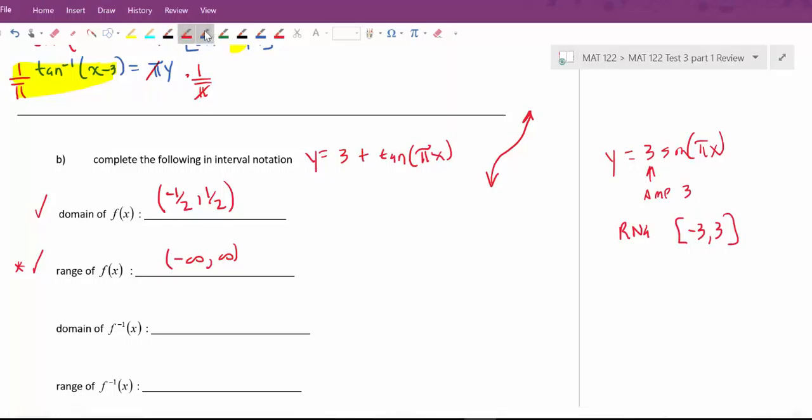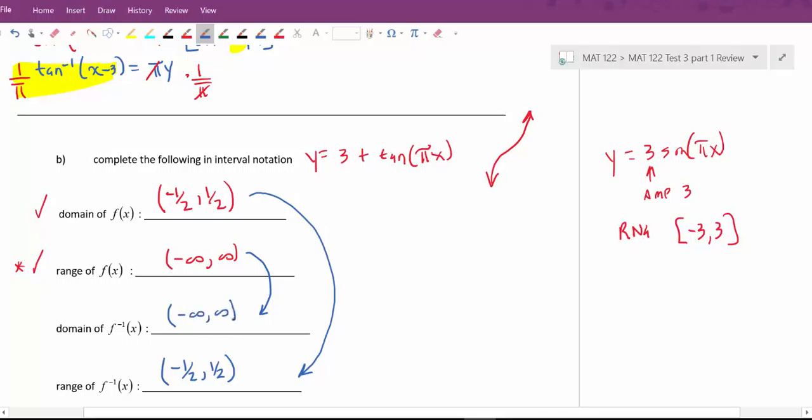Now what happens is the domain of the function becomes the range of the inverse, because we flip variables, and the range of the function becomes the domain of the inverse. So the domain of the inverse would be negative infinity to infinity.